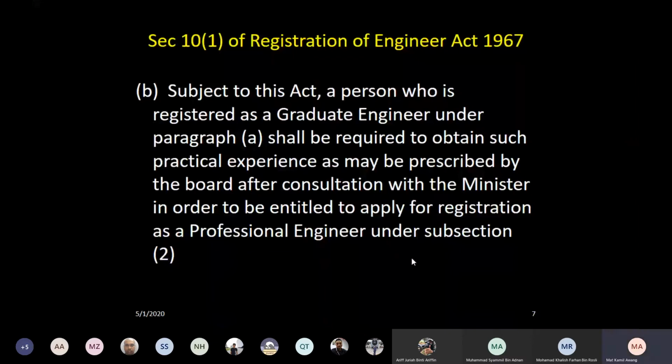Remember that after you have graduated, you have to work a minimum of 3 years under a professional engineer. So that is related to this part of the law. And the board set that requirement based on consultation with the minister.